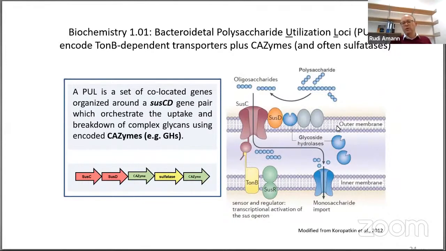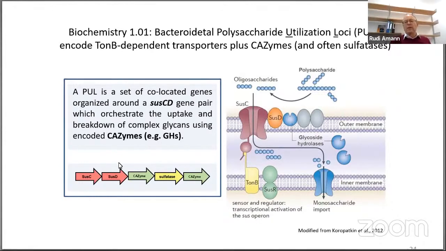So we talk about the outer membrane. Only in the periplasm, there's a full degradation of the oligosaccharide to mono-, di- and trisaccharides, which are then frequently transported through ABC transporters into the cytoplasm, where further degradation and energy production is happening.